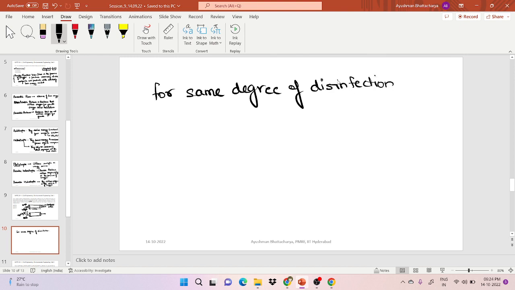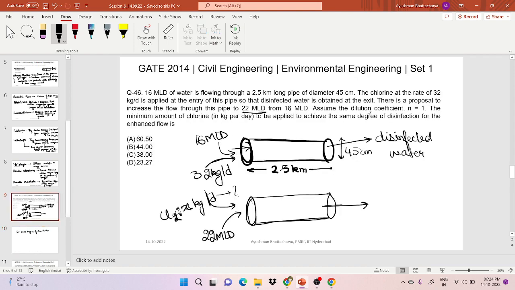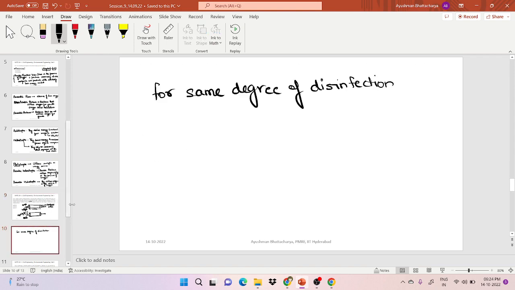Whenever there is a question related to disinfection, always go to the Chick-Watson law. So for same degree of disinfection, C raised to power n T will be constant.